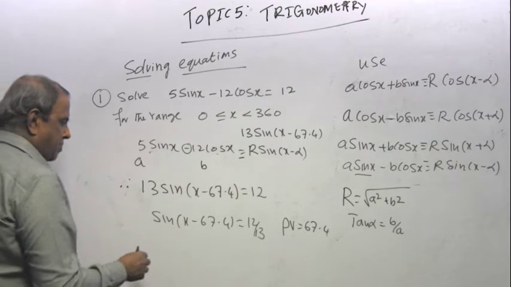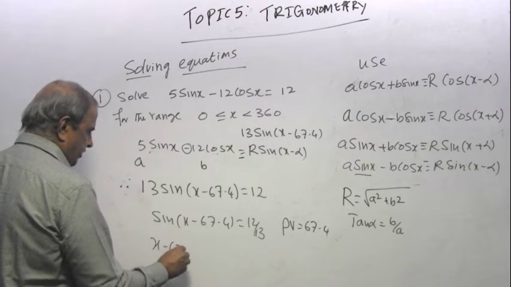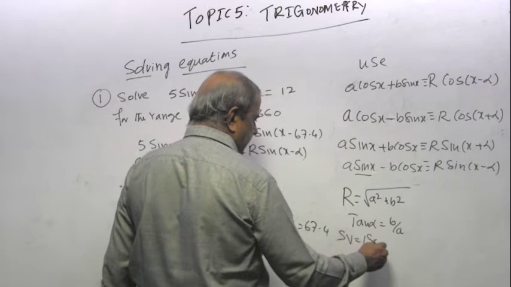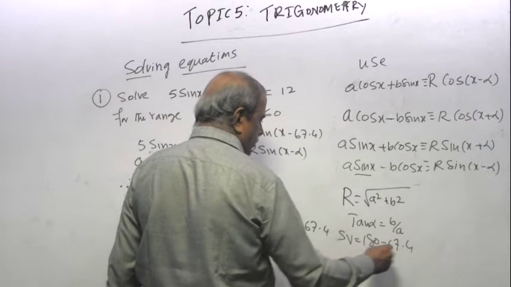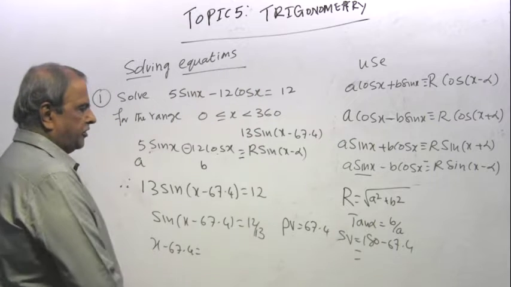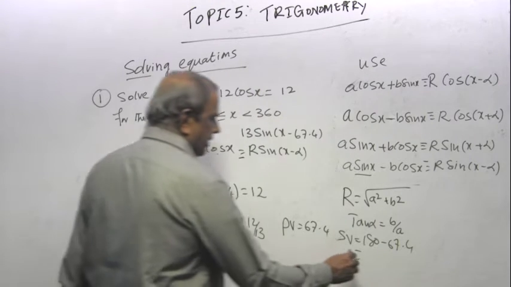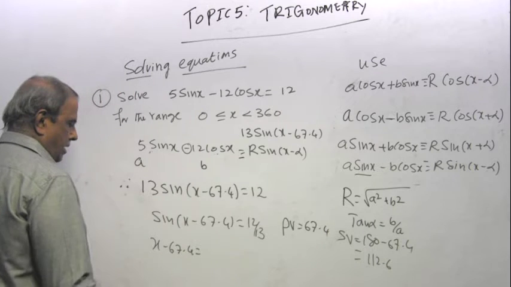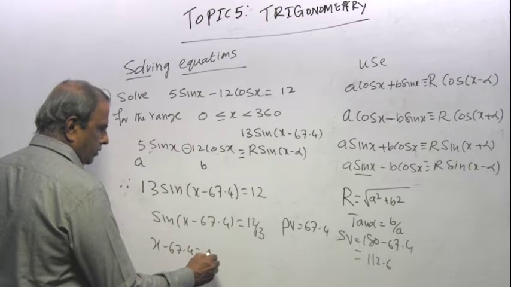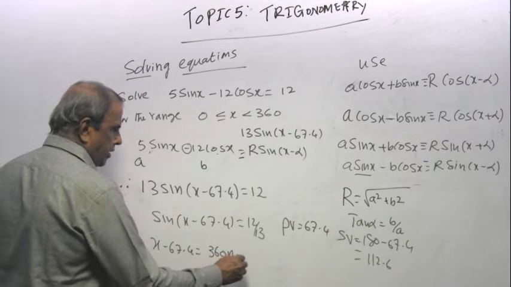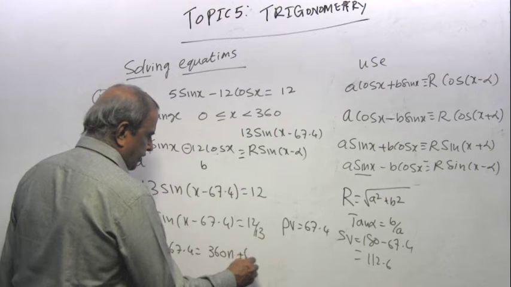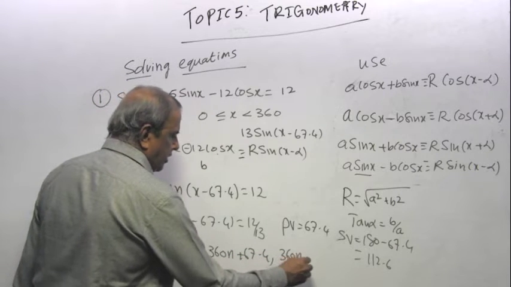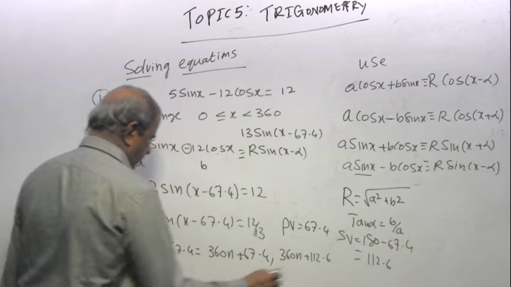It's perfectly alright. So x minus 67.4 equals, sorry, the second value is 180 minus 67.4. 180 minus 67 is 113, so 112.6, is equal to 360n plus 67.4, comma 360n plus 112.6.